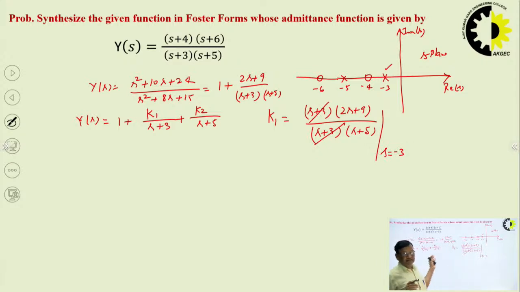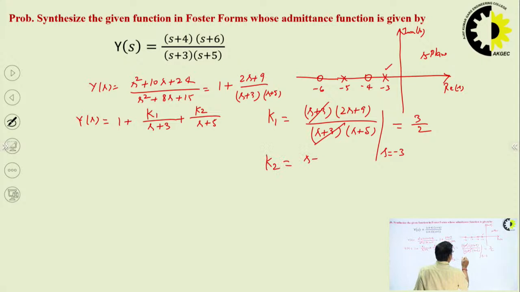So, this is the Heaviside expansion theorem where you can remember how to get the value of K1 and K2. So put s is equal to minus 3, so it is minus 6 plus 9, so it is 3, and 5 minus 3 is 2, so it is 3 by 2. Similarly, we can get the value of K2.